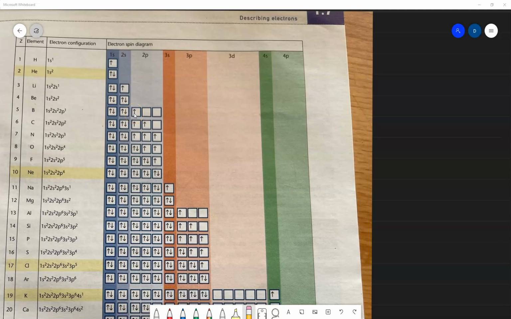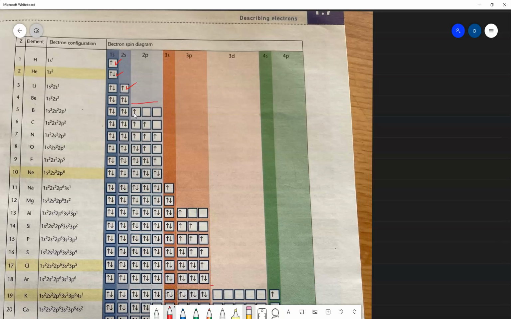In this video, you're going to learn how to use these square boxes. You've got a box here, a box here, a box here, a box here, and you'll also learn what all these arrows are about. Why is one arrow up and one down, and why are there three boxes here?